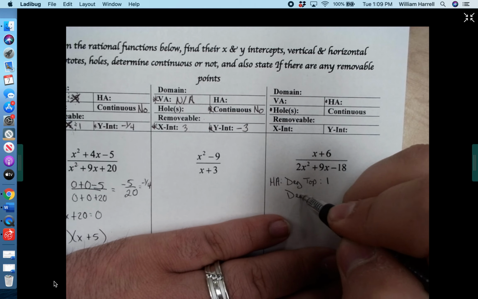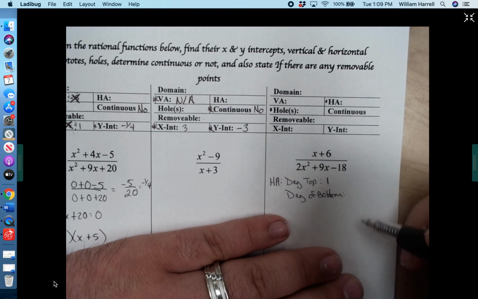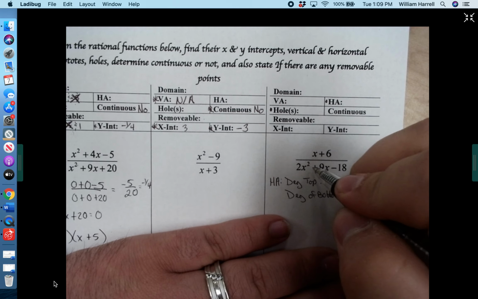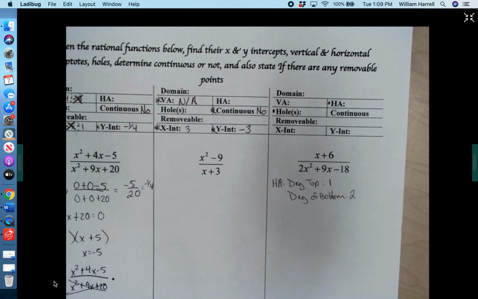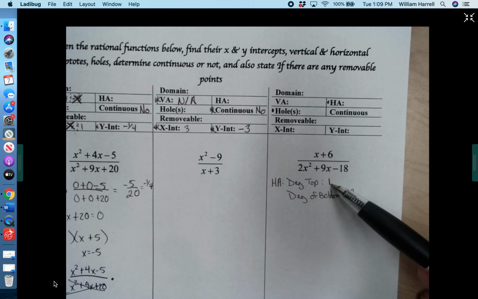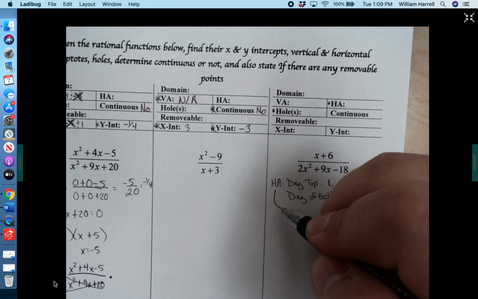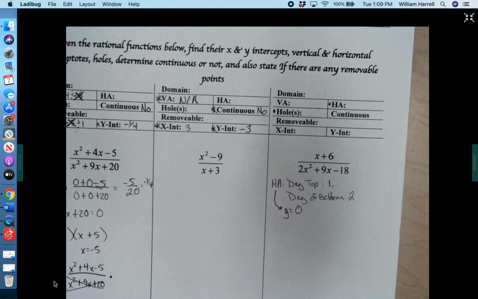Then the degree of bottom is 2. Is the degree of top less than, greater than, or equal to the degree of the bottom? Because it's less than, my horizontal asymptote is at y equals 0.